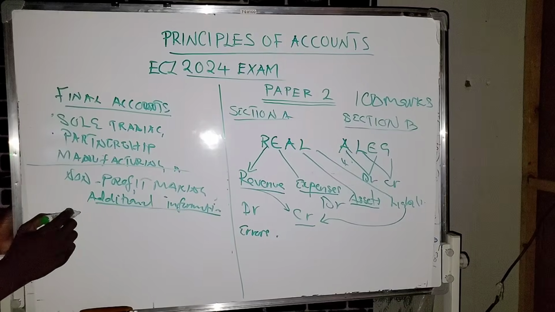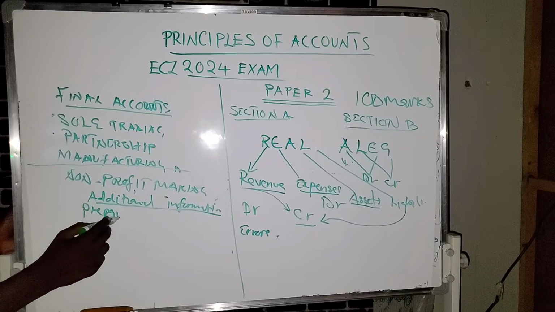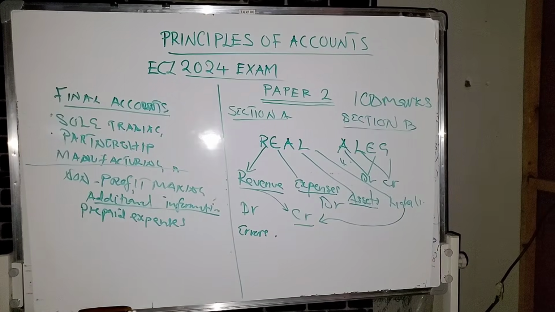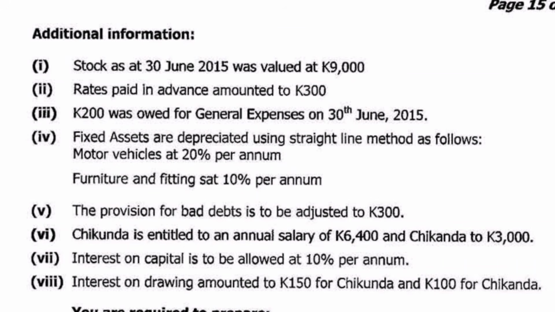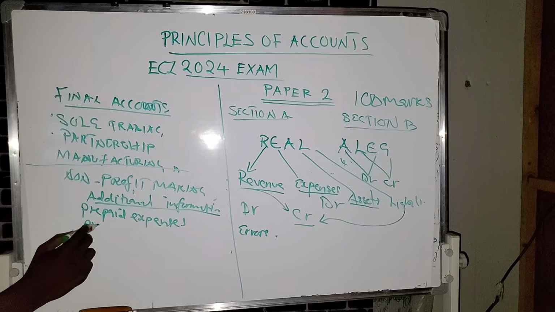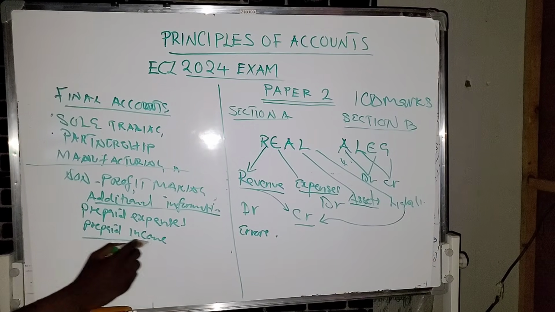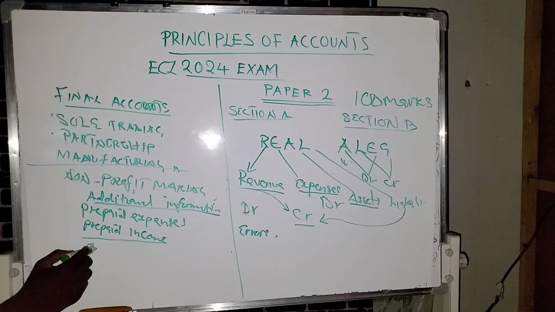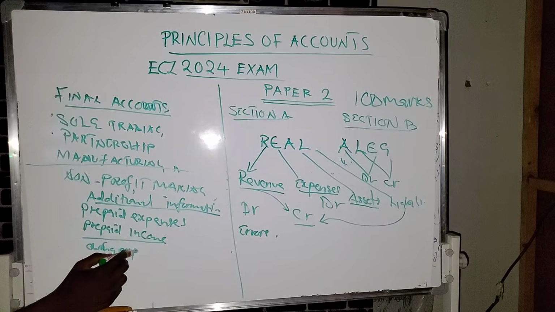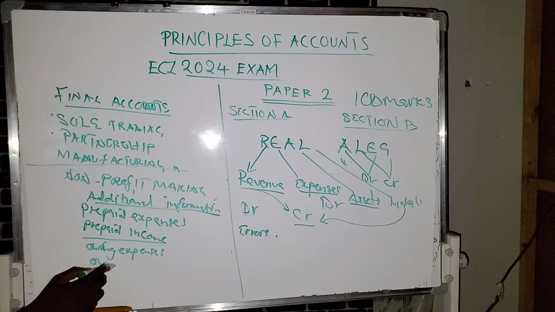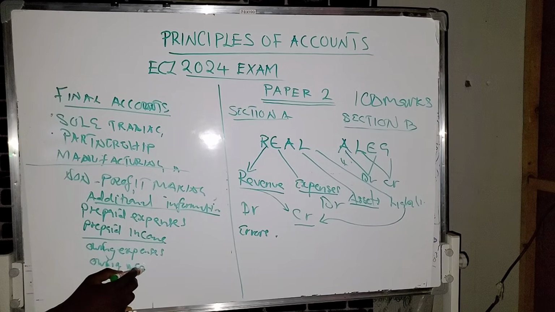This is where you find prepaid expenses. You may also have prepaid income. Owing expenses. We may also have owing income.